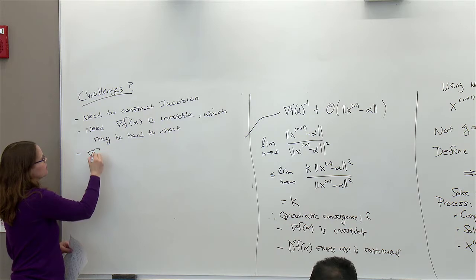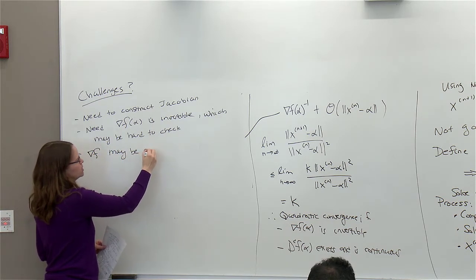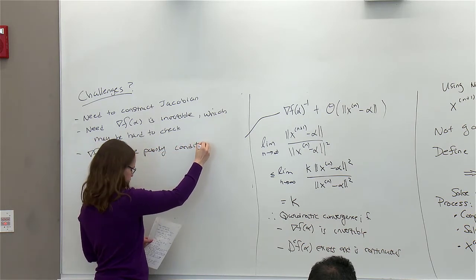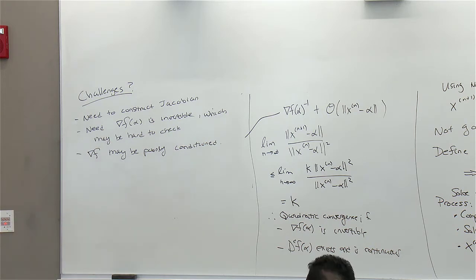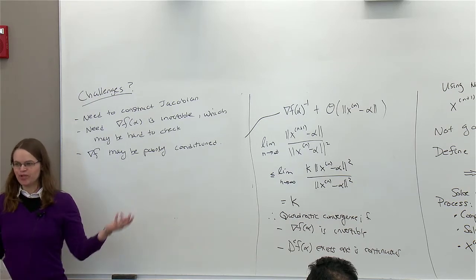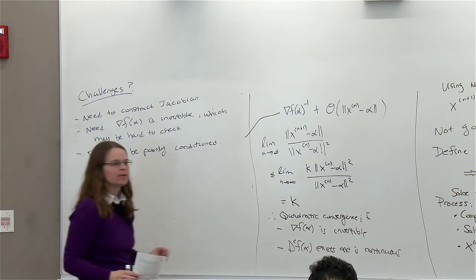So the Jacobian may be poorly conditioned. If so, we may sit down and prove Newton's method works, and then do computations and see things blowing up because the errors are building too quickly. So you want a handle on the condition number of this somehow.